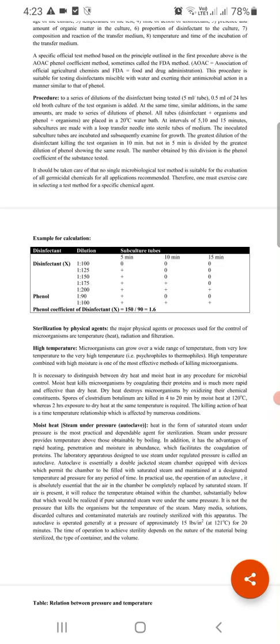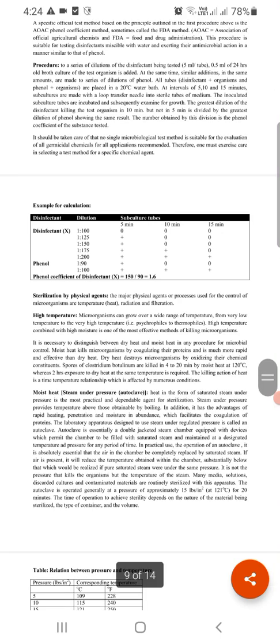So, we take the phenol coefficient as the division of 150 by 90, that is 1.6. The disinfectant in the example has a phenol coefficient of 1.6.